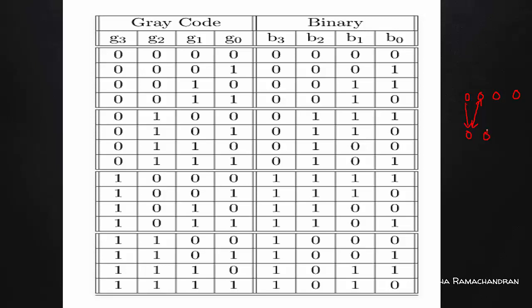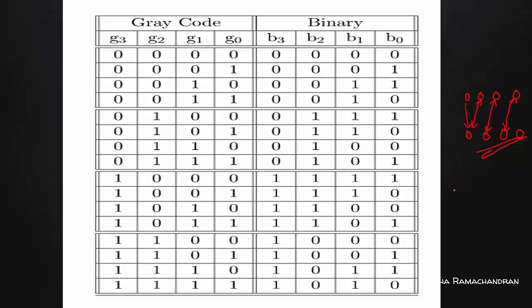Now this bit with the next bit of input, 0 and 0 XOR, so 0. Again, the result bit with the next bit of our input, 0 and 0, the result is 0. So this is the binary equivalent of the given gray code. This is the procedure for getting the binary equivalent of a given gray code.